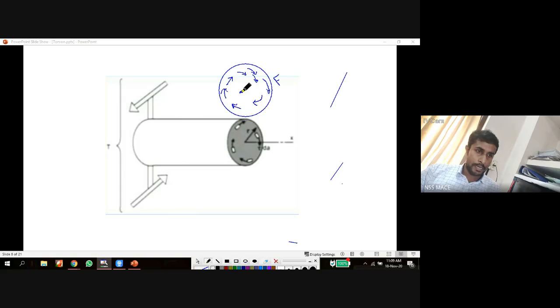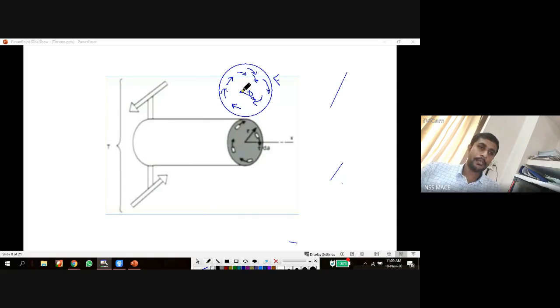The distance from the center of the shaft to this shear force direction is equal to R. Then what is the moment of this shear force F with respect to center? F into R, force into perpendicular distance. Moment is equal to force into distance. So we can say this shear force makes a moment with respect to center.